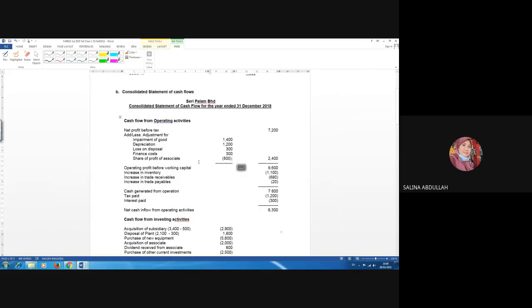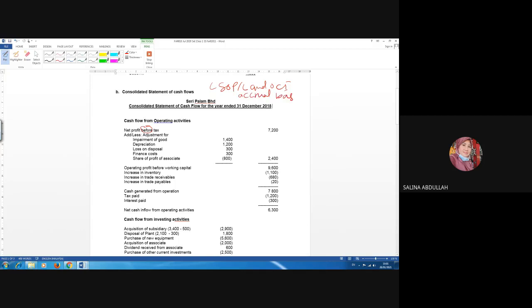What do we have? In these operating activities, we will always start with net profit before tax. I did mention that you must remember this is before tax. Once you take this net profit before tax, remember when we discuss preparing financial statement, consolidated SOPL is actually being prepared under accrual basis.